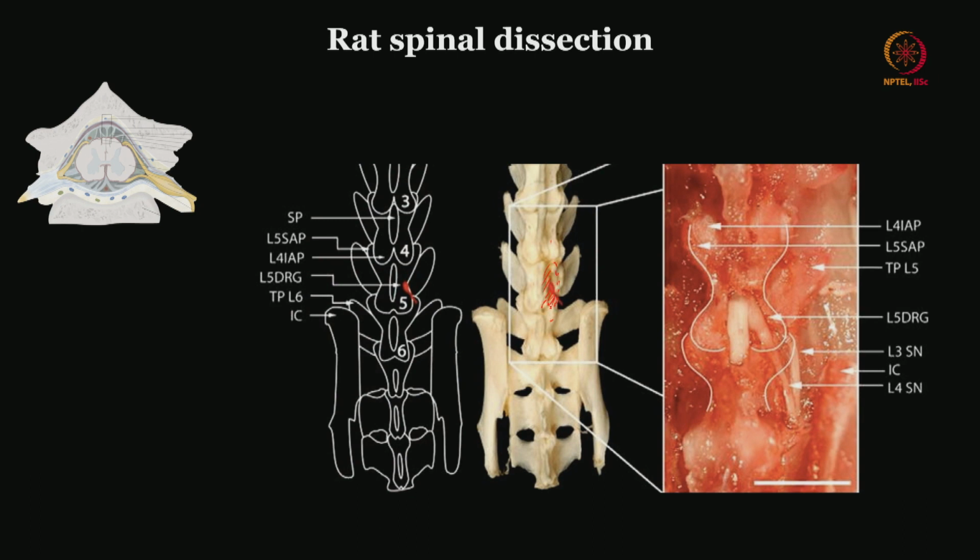Once you remove the lamina and the part of the facet, then this nerve, or the dorsal root ganglion, will come into view. So, if your experiment involves dorsal root ganglion, this is how the exposure should be done, and these are the layers that you would have to dissect before exposing the dorsal root ganglion.